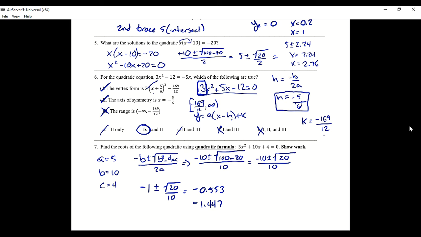And there we go. Could you double check this by graphing and make sure you did your work correctly? Yes, you could.